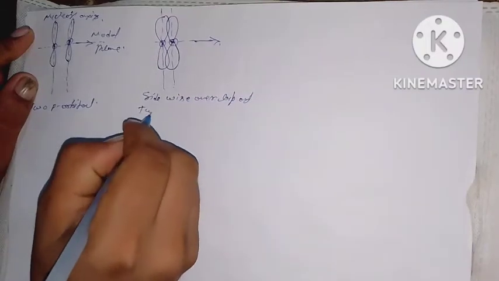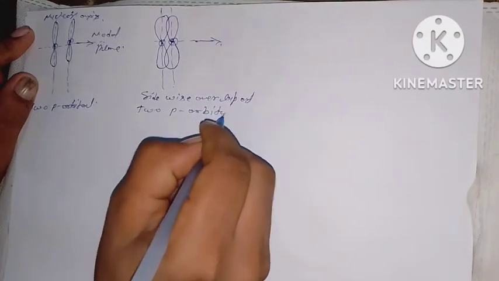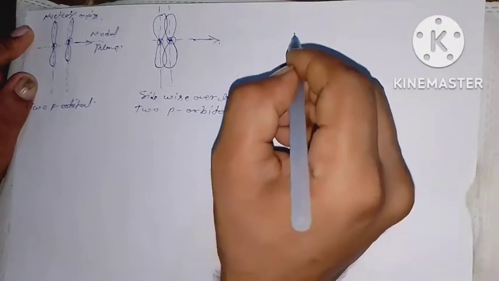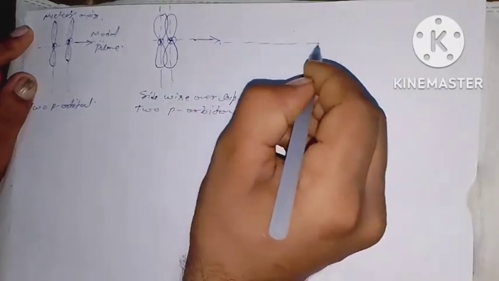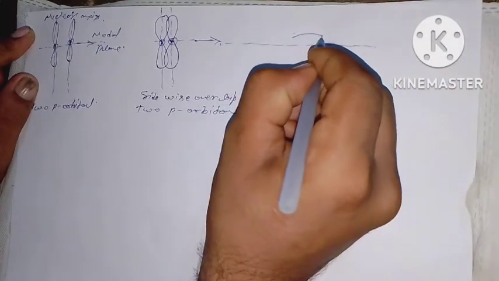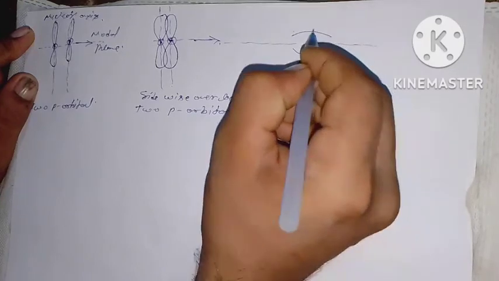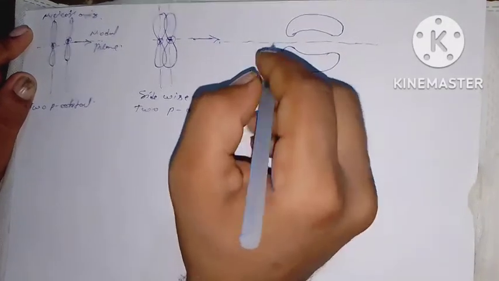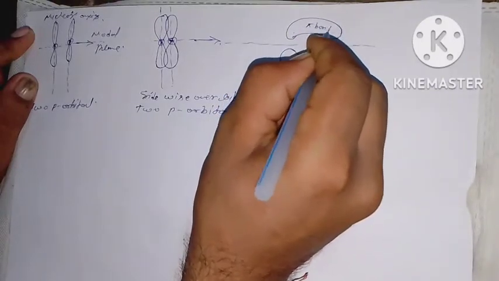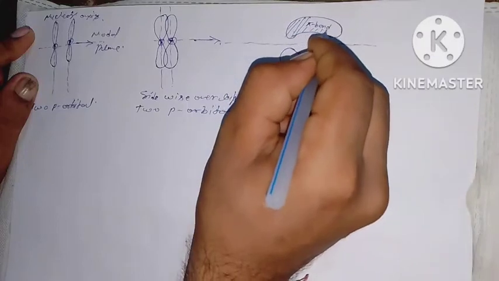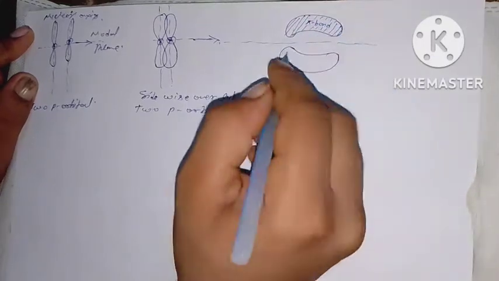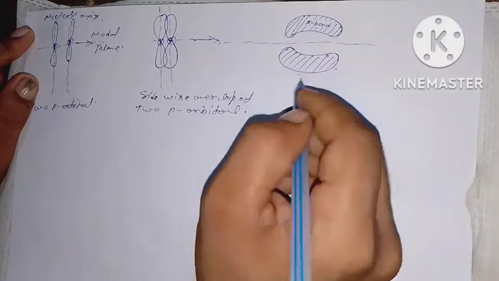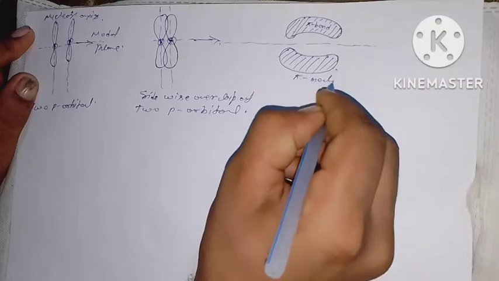Sidewise overlap of two p orbitals, and this is how the pi bond is formed. These are pi molecular orbitals.